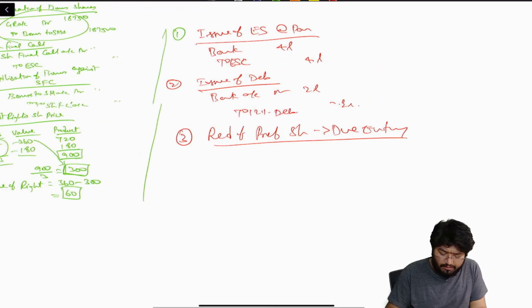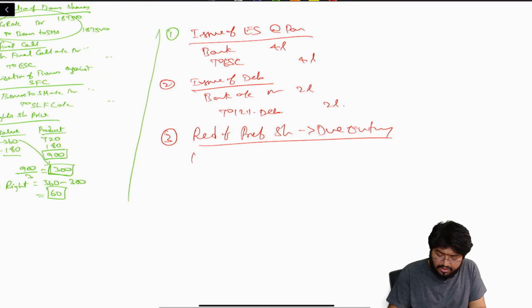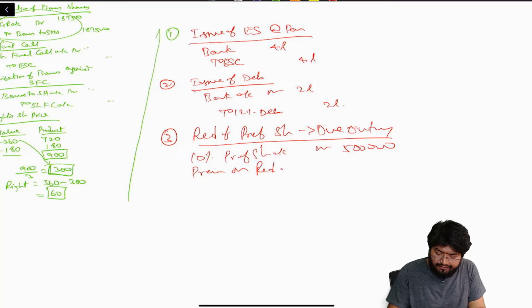What percentage preference shares do you have right now? 10% preference shares are there. 10% preference shares account debit, 5 lakhs. Premium on redemption of preference shares, 50,000, to preference shareholders, 5,50,000.